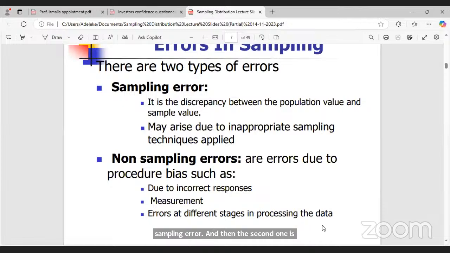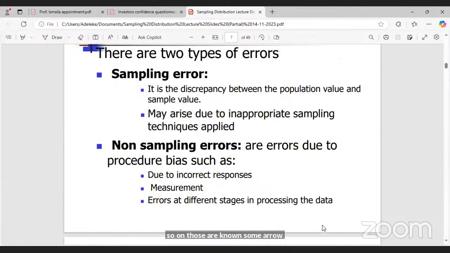Sampling error is attributed to the sampling technique, and you have it when your sample is at variance with your population, not reflective of the population as a result of the sampling technique that you have adopted. But non-sampling error drifts into your estimation as a result of measurement error, non-response, incorrect responses, data compilation error, and so on. Those are the two types of error that you can have.